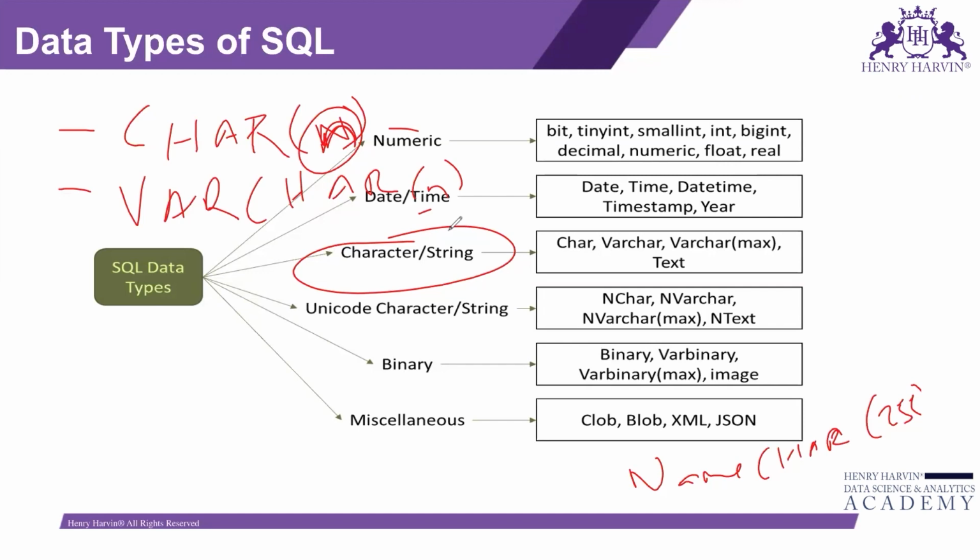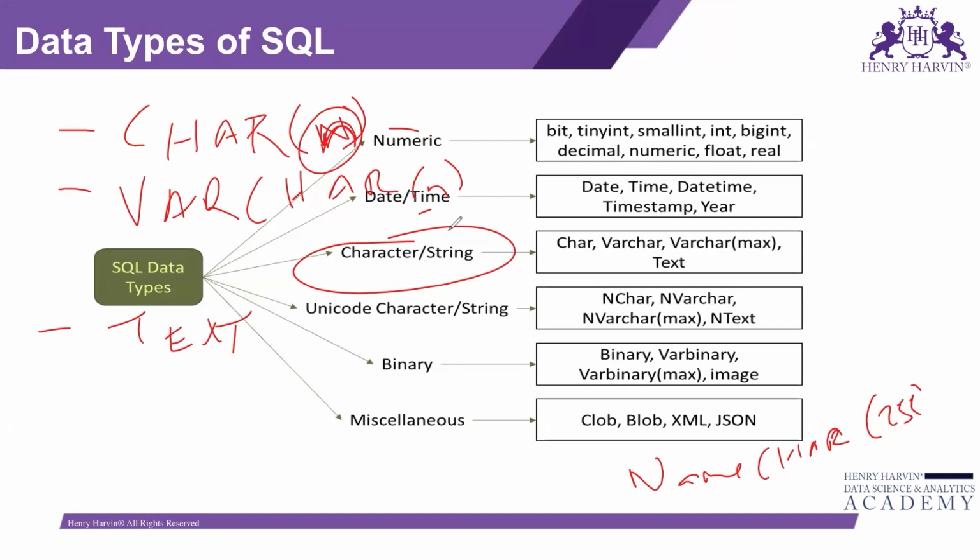And then we have text. Text is a variable length character string with no fixed maximum length that it can take.